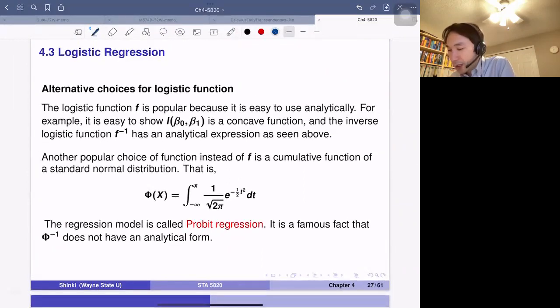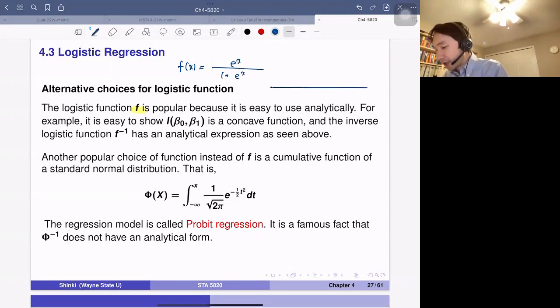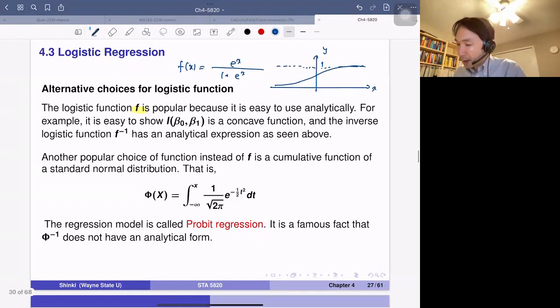And alternative choices for logistic regression. We have used the function f, which is equal to this. How about other choices? One notable property is that this is an increasing function and it ranges from 0 to 1. So a good function to replace f is a CDF, a cumulative distribution function.